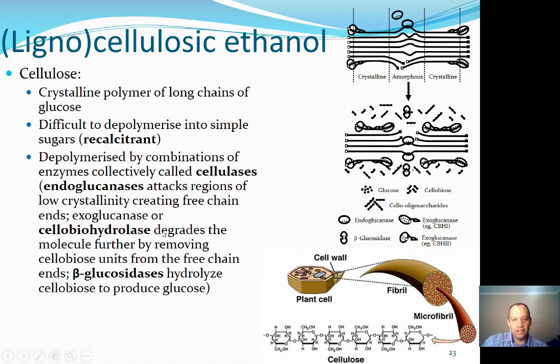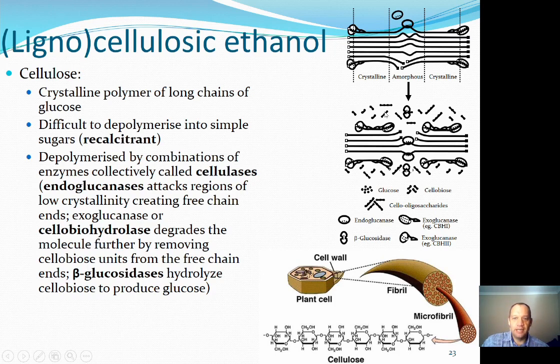So it's a type of exoglucanase, which means it binds to a free end, and then it processes along that glucose chain. It basically peels it off of the crystal and releases cellobiose in the process. So it degrades the molecule further by removing cellobiose units from the free chain ends.